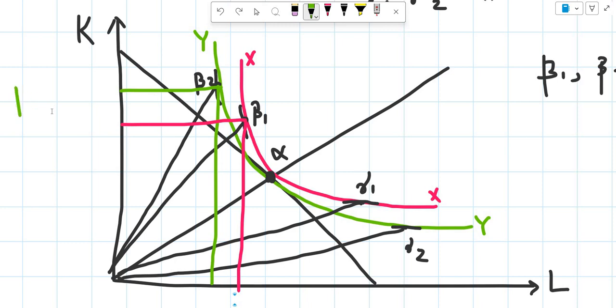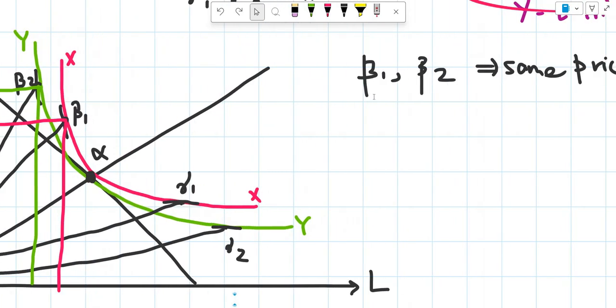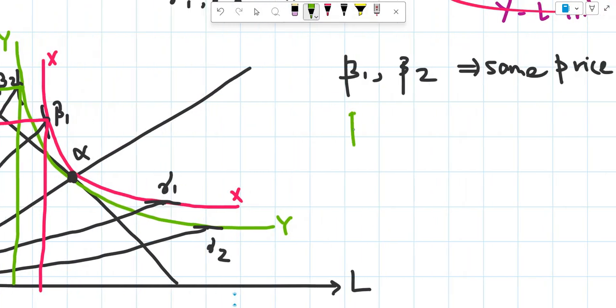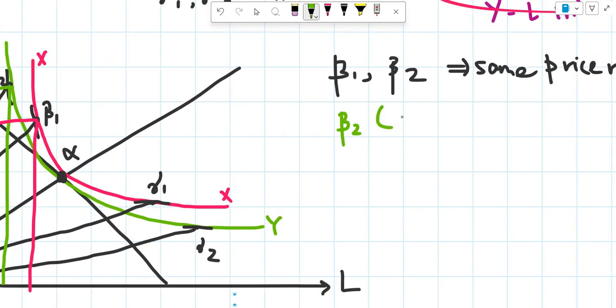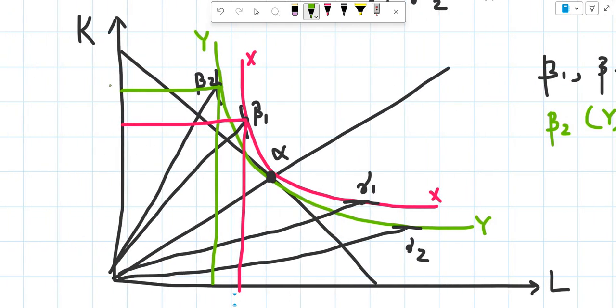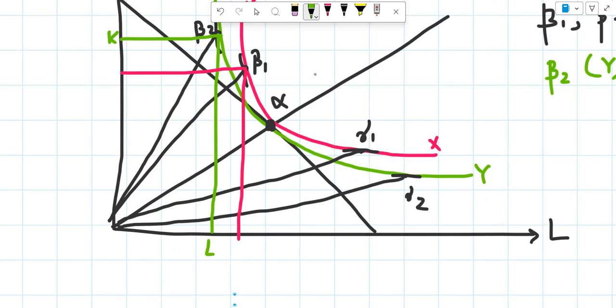For point B2, note that point B2 corresponds to Y, that is production of Y. So production of Y, you see capital by labor, and here you also have capital by labor.